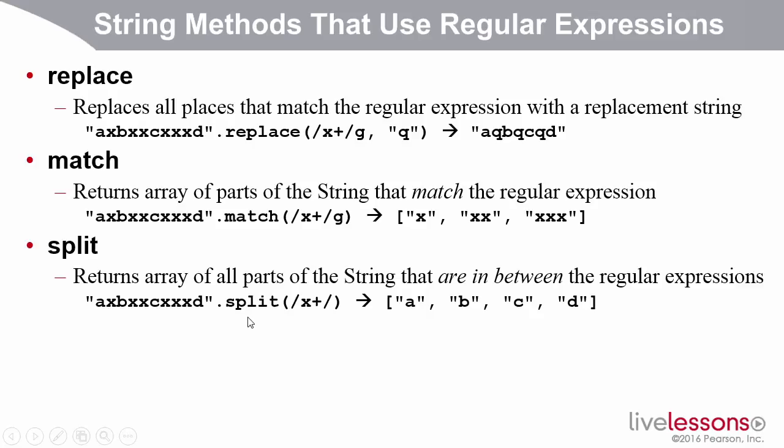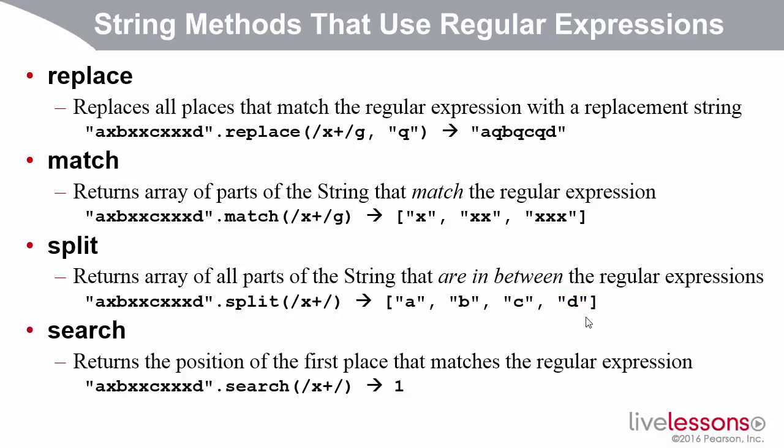Then it skips over one or more x's, and it finds the C. And then it skips over one or more x's, and it finds the D. So if you use match and you use split, you get the whole array. The match gives you the parts that match the regular expression. Split gives you the parts that don't match the regular expression, the parts in between.